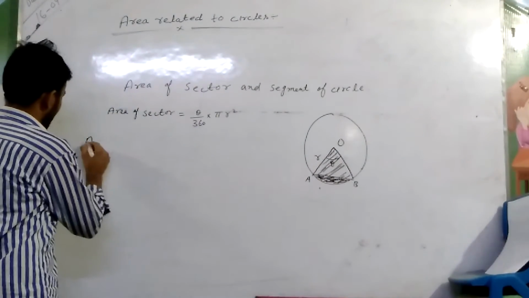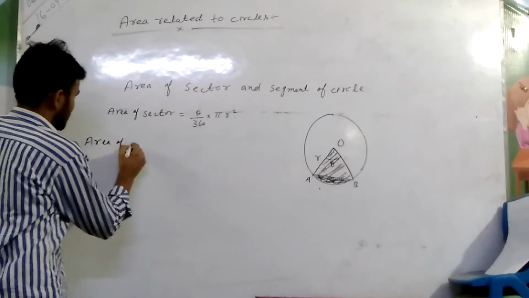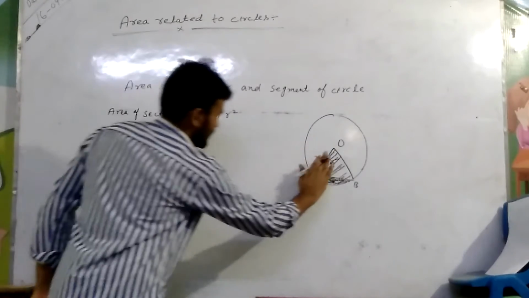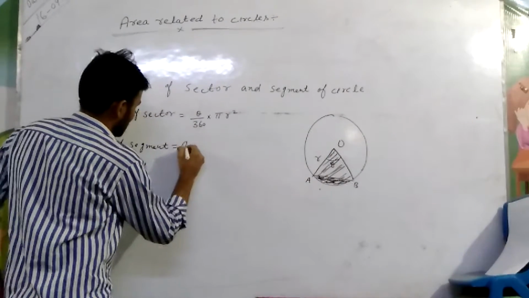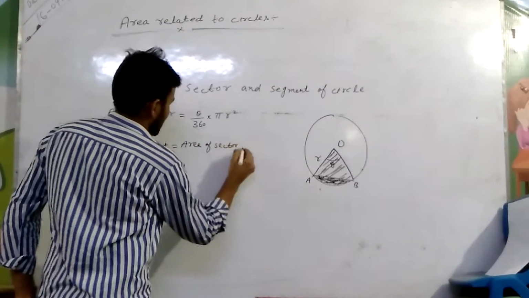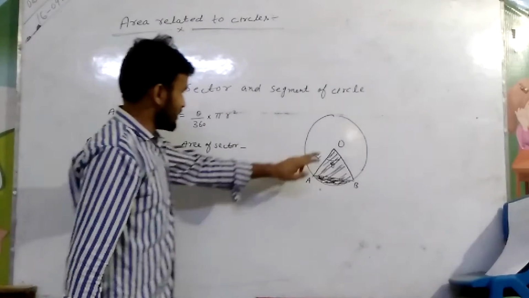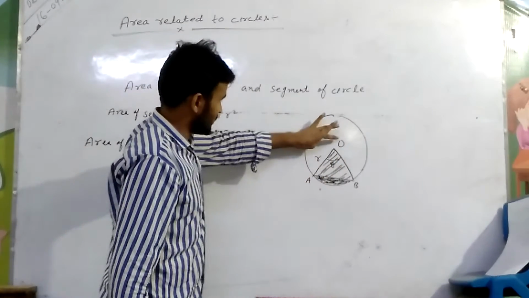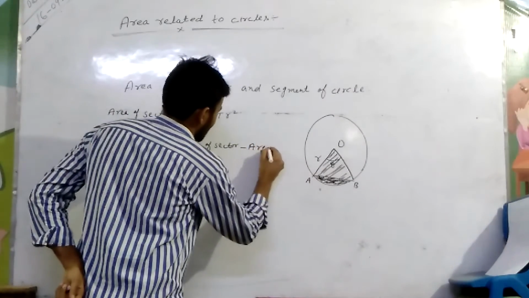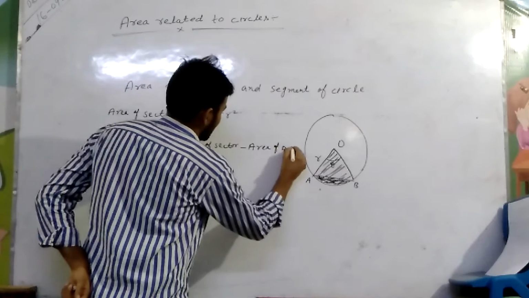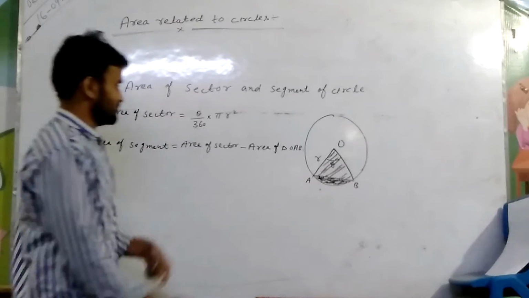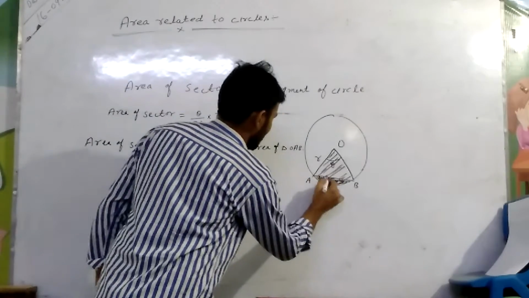Then the area of the segment is equal to the area of the sector minus the area of triangle OAB.